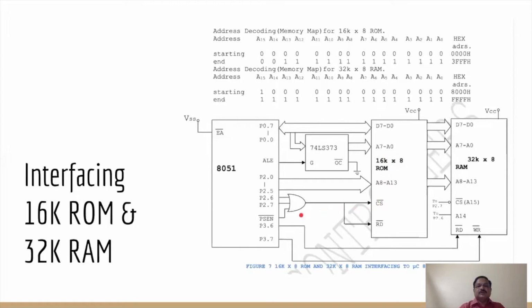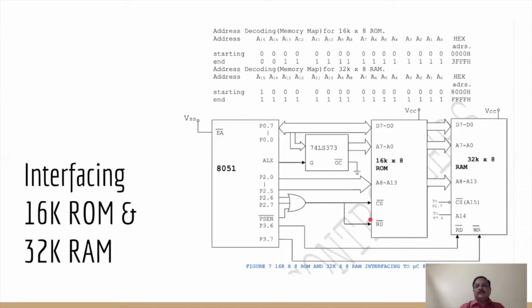What is done using the OR gate: the higher order address lines P2.6 and P2.7 along with the PSEN signal are ORed, and whenever the PSEN is 0 and both of these are 0, then only the chip will be selected and a read operation can be performed.